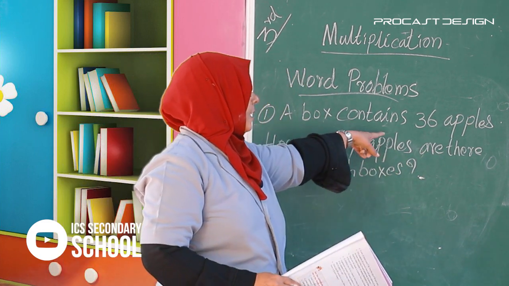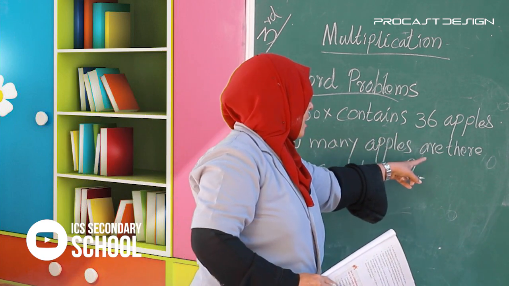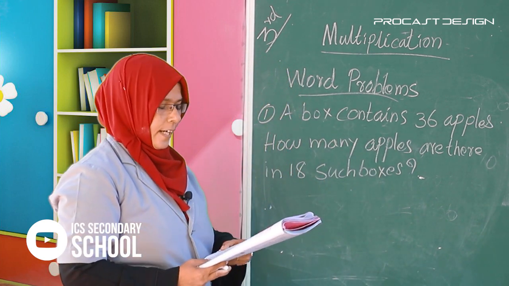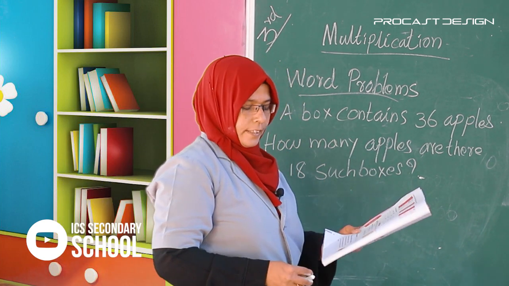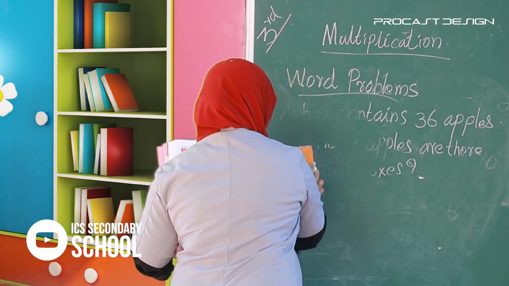A box contains 36 apples. How many apples are there in 18 such boxes? Listen. All of you listen.